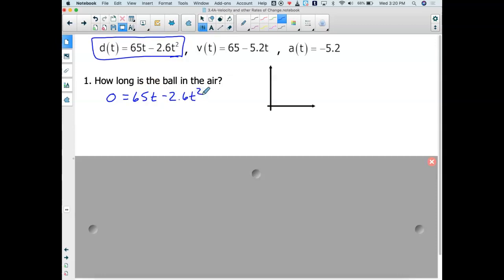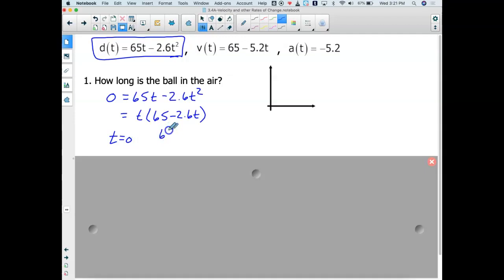Now, on my tests, unless a calculator is available, you wouldn't have problems like this. In the AP test, you wouldn't have a problem like this, although you should be able to solve this because I can factor a t out. Then I'd have t times 65 minus 2.6t. And I know t equals 0 is the beginning when the ball is thrown.